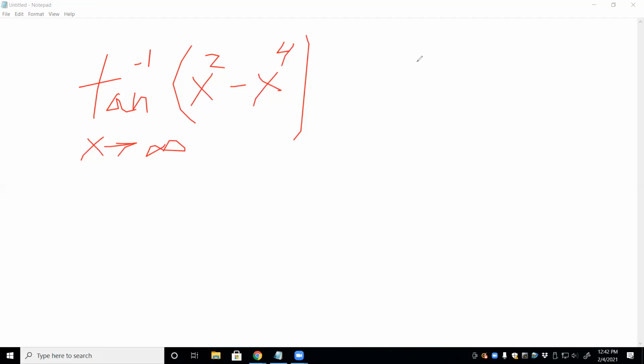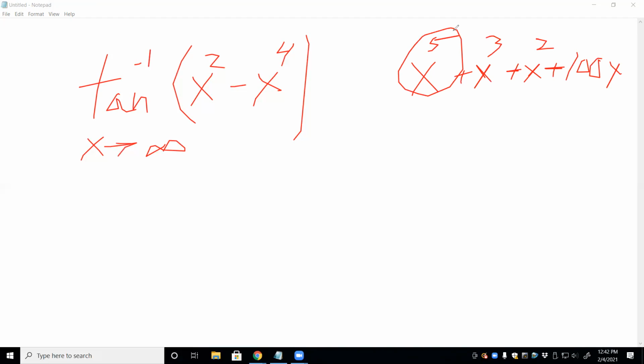In other words, if I had a function x to the 5th plus x to the 3rd plus x squared plus 100x, and I wanted to know what this limit is as x goes to infinity, this is the only term that matters. None of the others do, because it always overrules. So when you're talking limits of a polynomial, you're really talking only the limit of the first term. And in this case, this is what's going to rule.